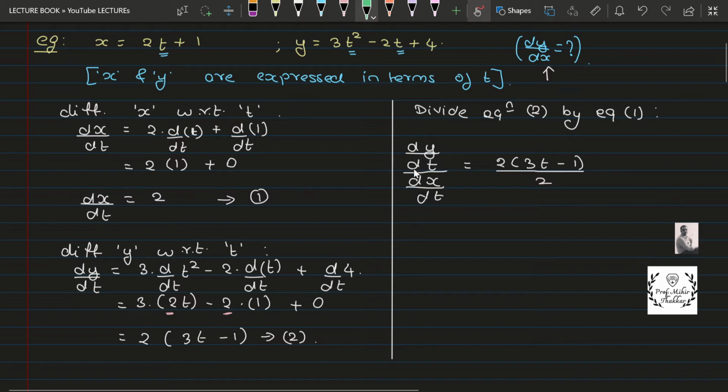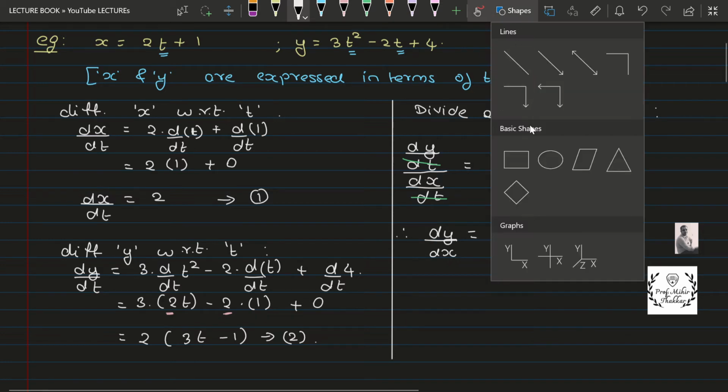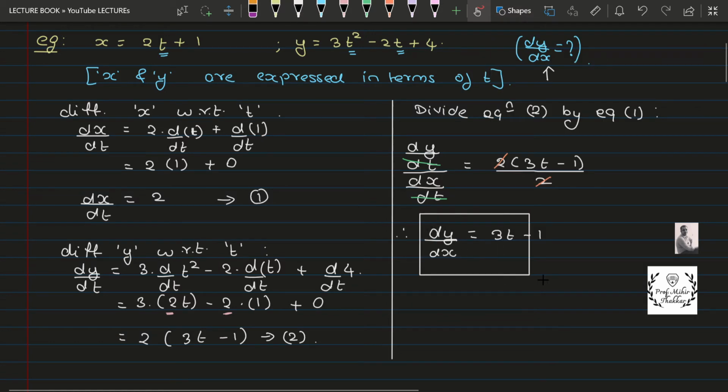Now guys, dt and dt will get cancelled, as well as 2 and 2. So we are left with dy by dx on the left hand side, and on the right hand side just 3t minus 1. So students, that is the way we solve questions based on parametric functions.